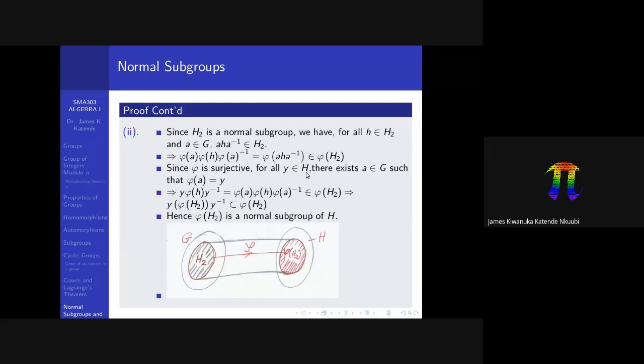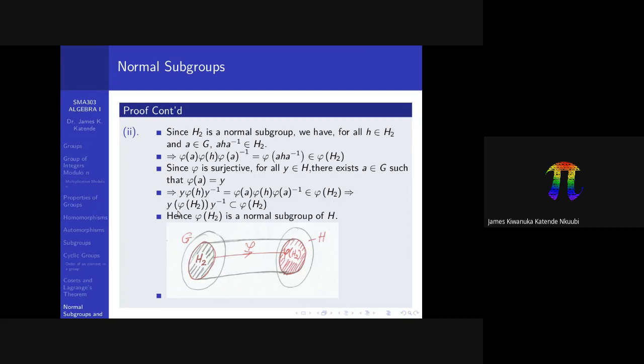Now, since the map is surjective, if you pick any y in H, we can always find an element a in G such that phi of a is equal to y. So if you have y, phi h, y inverse, it will be phi a, phi h, and the inverse of phi a. And we have shown that this will always be an element in the image of H2.